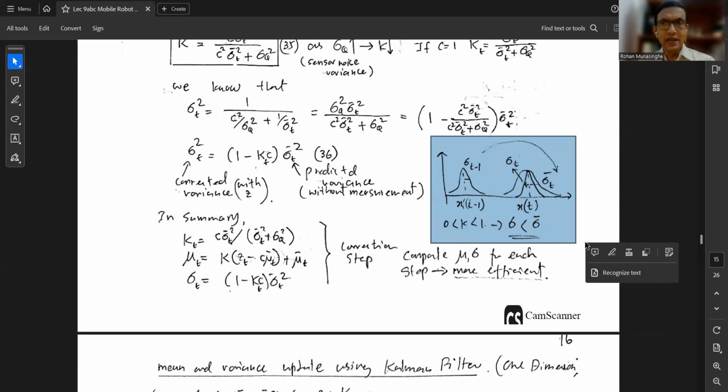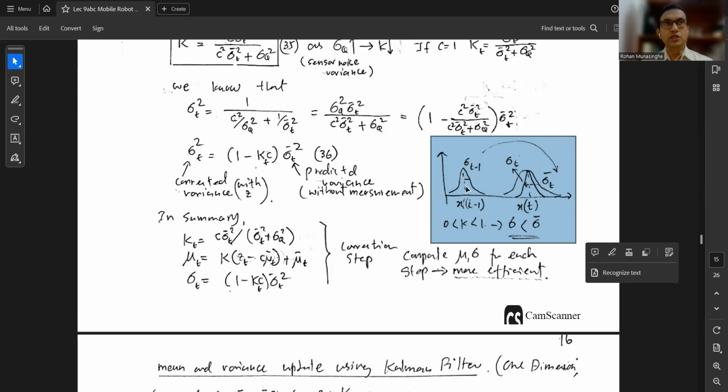So here x is actually mu. When I say x, it's basically mu. They are the same. So at some point and with some distribution, and the variance is sigma t minus 1. You can see it over here, sigma t minus 1. And this is the mean and variance.